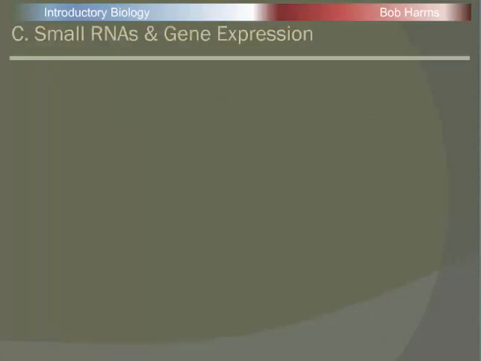Another area where we're going to see this regulation occur has to do with lots of small RNAs and the expression of genes based on RNA processing and translational issues, the RNA to protein step. If we just take a step back for a moment and look at the history of biology and our study of cells and the molecular study of genetics, we see that there have been several waves of how we've learned about different chemicals, and these waves are based mostly on technology.